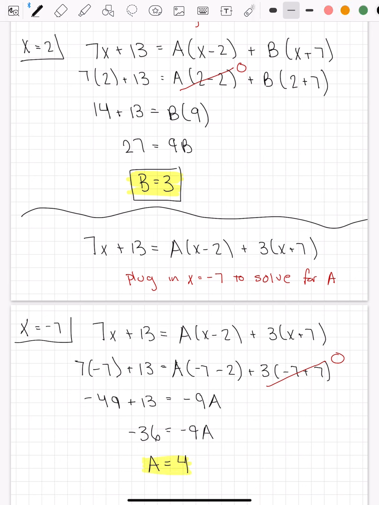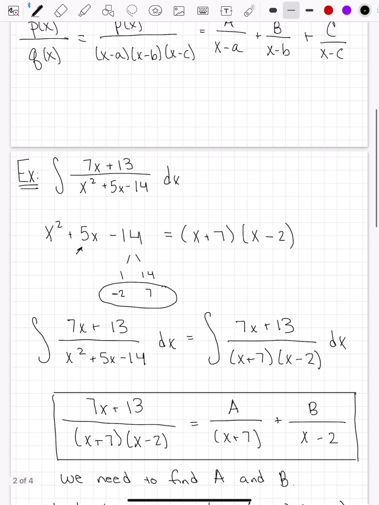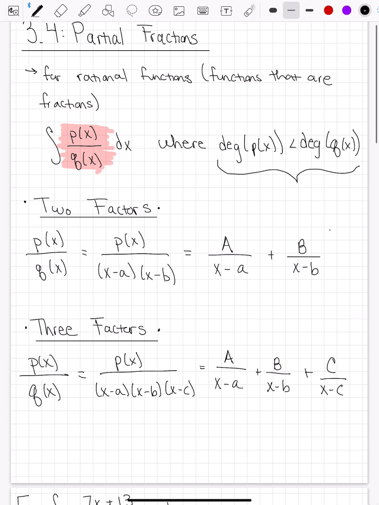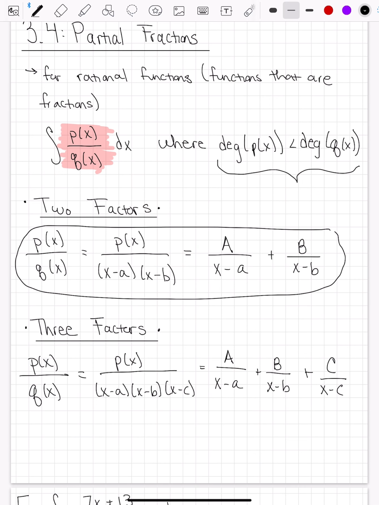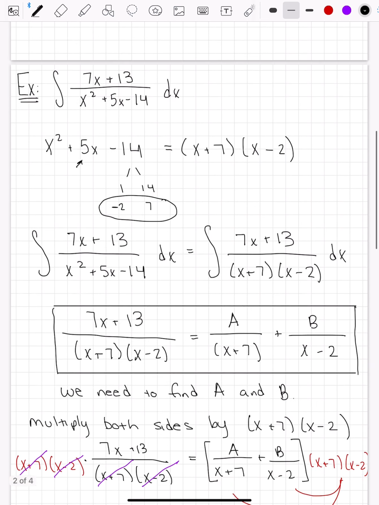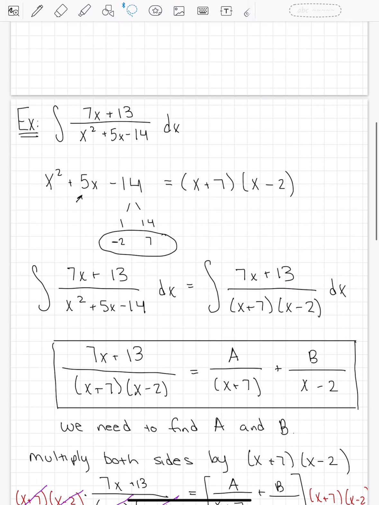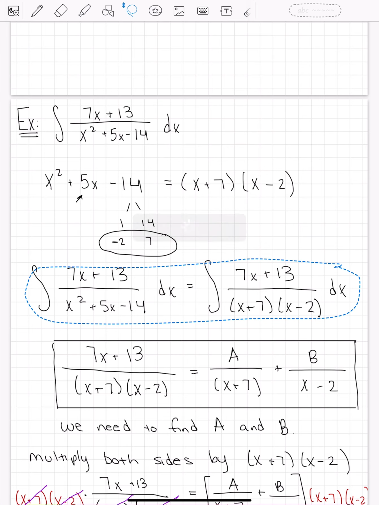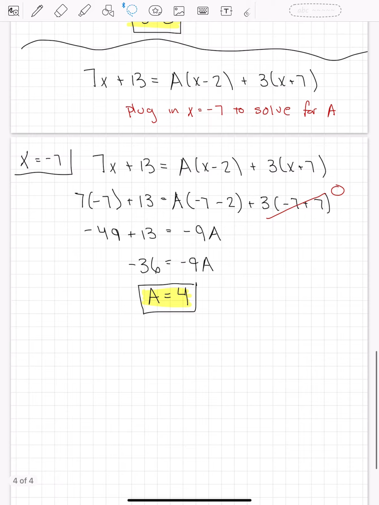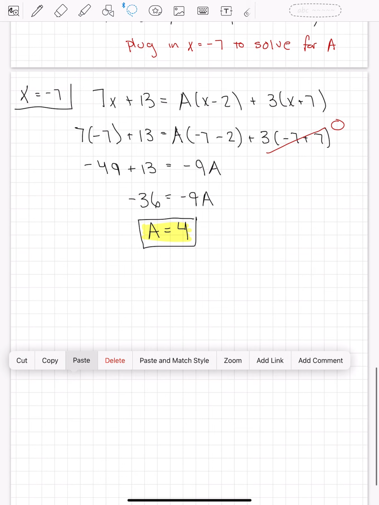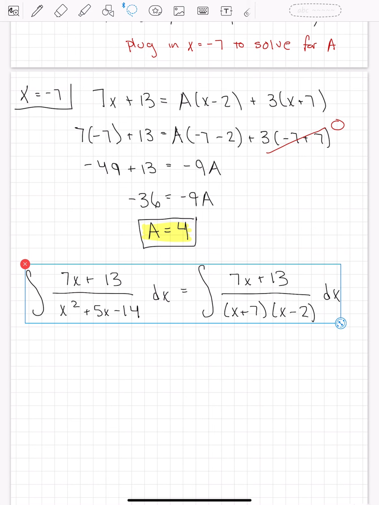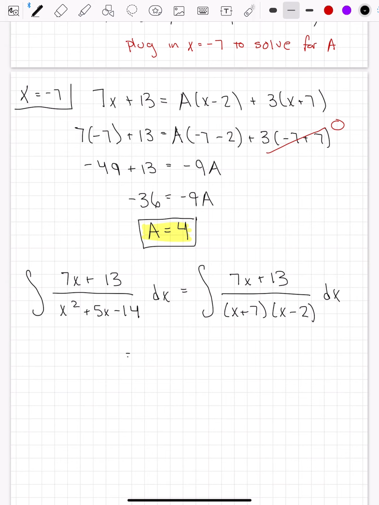So now we have our capital A and our capital B, so we're able to rewrite our original integrand, the function we're trying to find the integral of, in this way. So this is where I was with my integral. I did all of my algebra to find capital A and capital B, and now I get to rewrite this as two separate fractions.